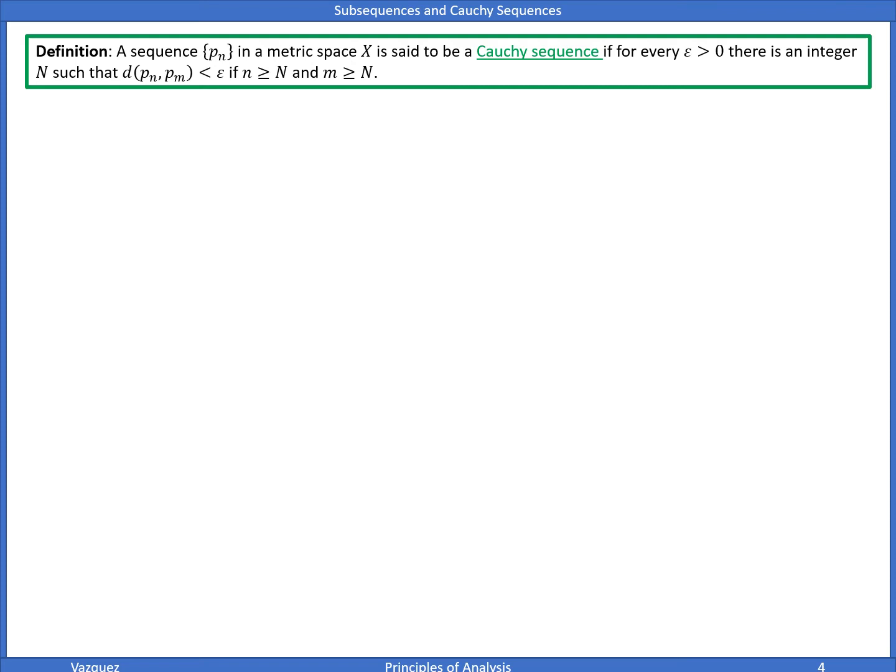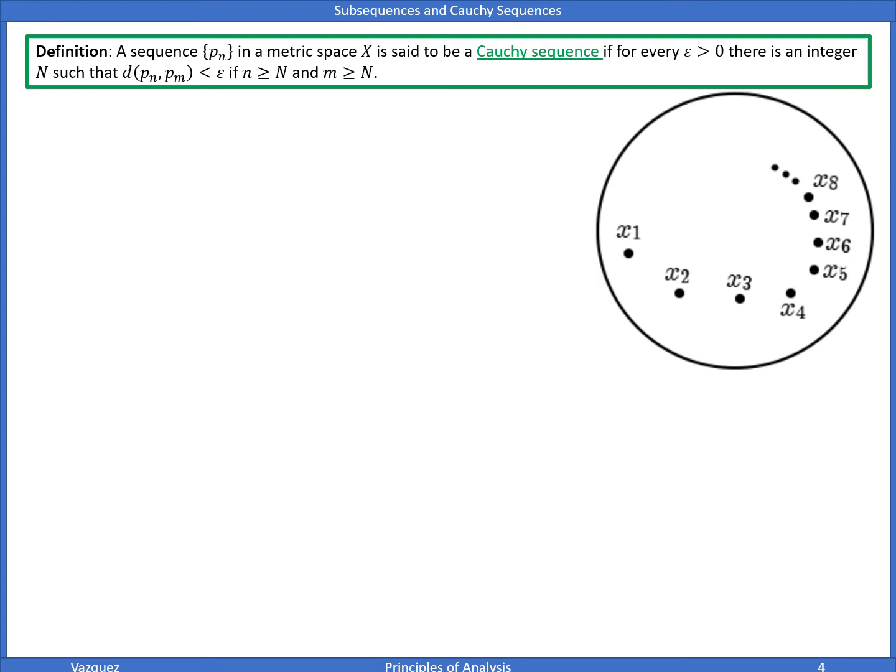So you know how with convergence, we had said that points get arbitrarily close. Let's say this was our limit point. Our points of the sequence, x sub n, are getting arbitrarily close to our limit point here, P. Well, a Cauchy sequence says, forget about the limit point, there's no mention of a limit point.